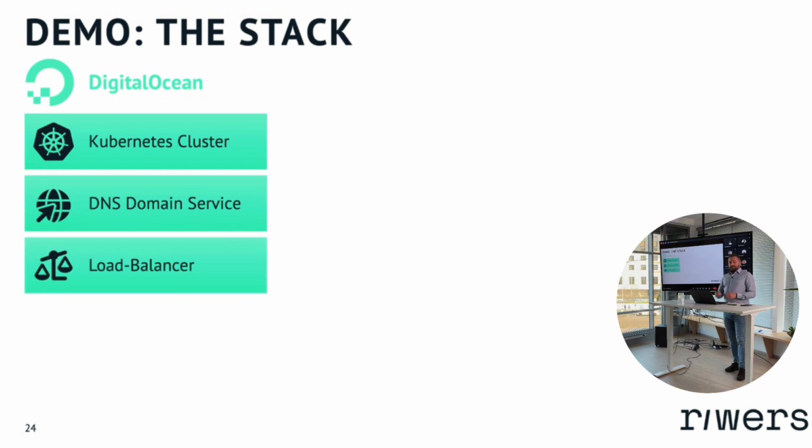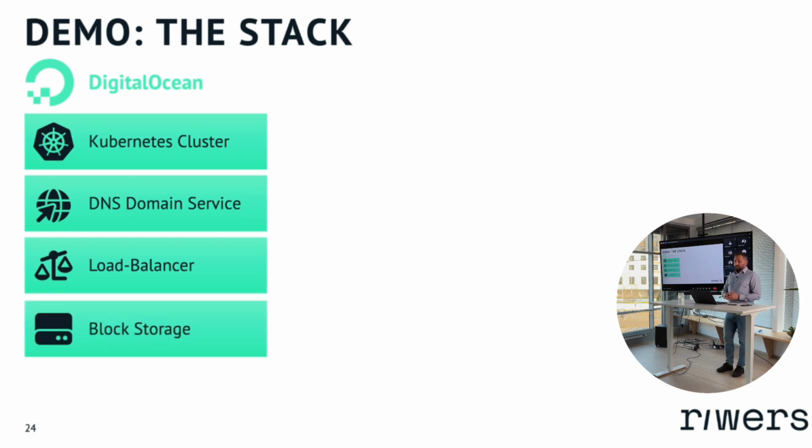And we'll be using their load balancer, a managed load balancer, which will basically create a public IP address for us and route the web traffic back down to our cluster. And we'll be using block storage for our database and for our caches. So here you basically can see that DigitalOcean, for example, can do this for you for a few tens of euros a month. And yeah, you don't have the hassle of setting this up yourself.